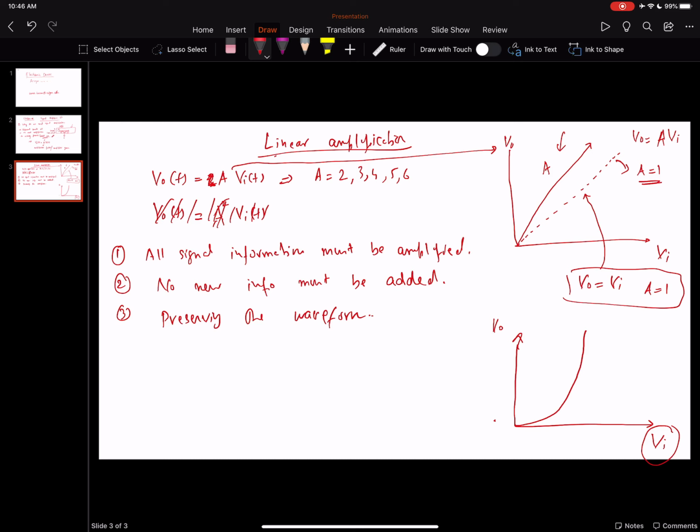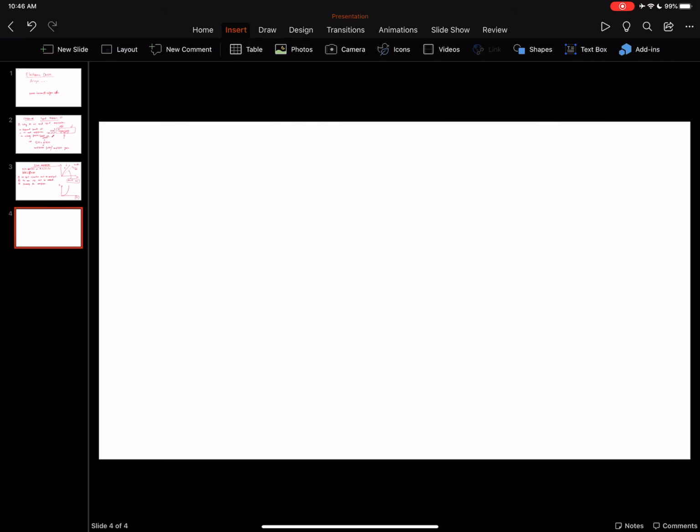Okay, so let's look at amplifier. I want to discuss one more concept here before we go away: the difference between an amplifier and attenuator. So amplifier versus attenuator.